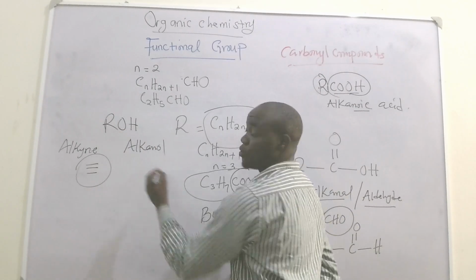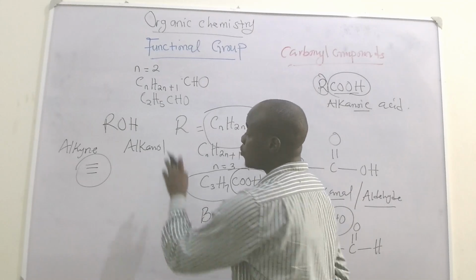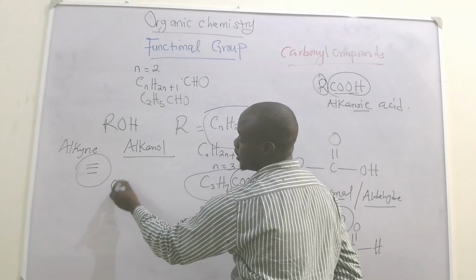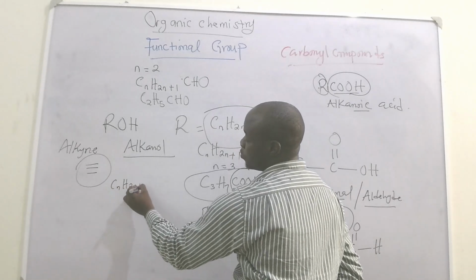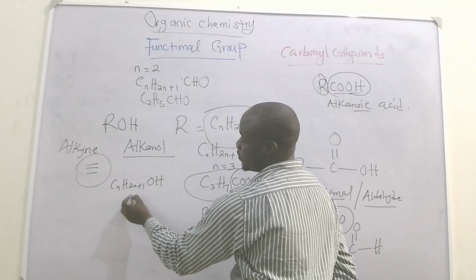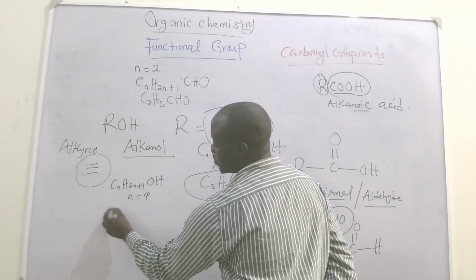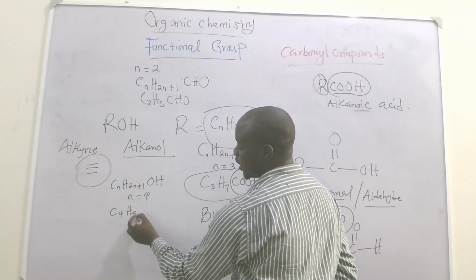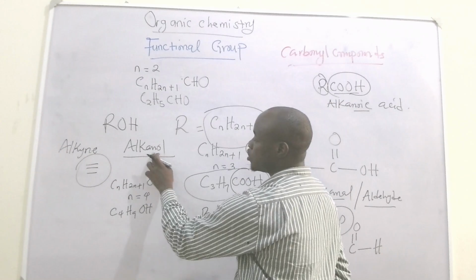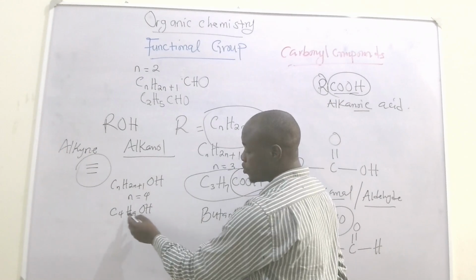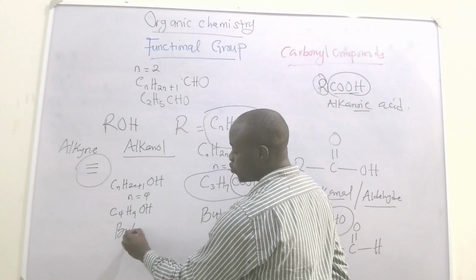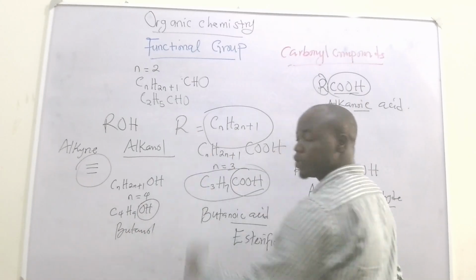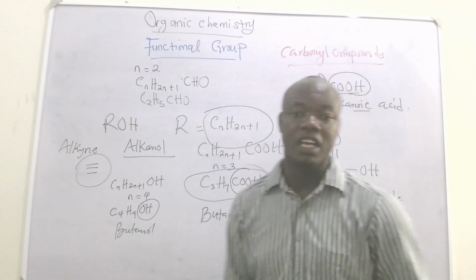So to get the family of alkanols, you maintain the same alkyl group, CnH2n+1, then OH. If n is equal to 4, we have C4, H(2 times 4, 8, plus 1) 9, then OH. Since it is an alkanol, this is going to be butanol. And of course, because of the presence of this OH group, it can also undergo specific types of reaction.